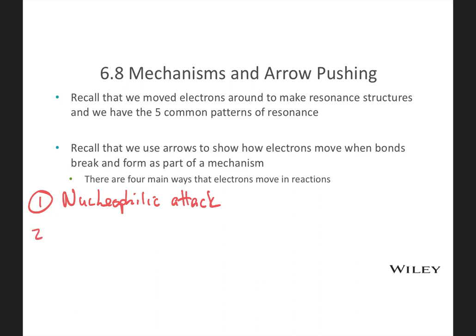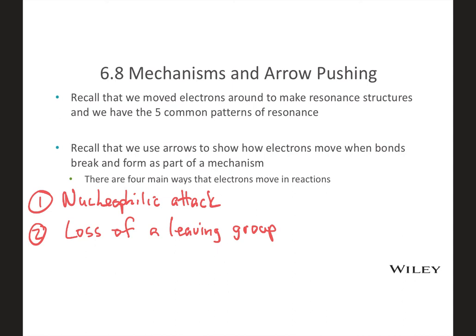Another pattern that we're going to see is something called loss of a leaving group. Oftentimes, an atom or a group of atoms, more likely, needs to kind of fall off of a substrate in an organic chemistry reaction.